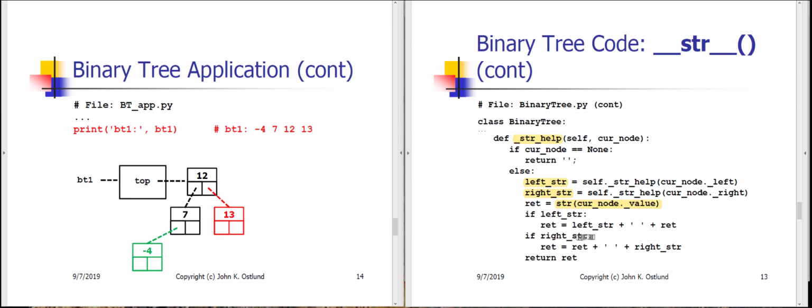If the right-hand side is not empty, I'm going to modify my return value to be that current string appended with a space and the right-hand side.